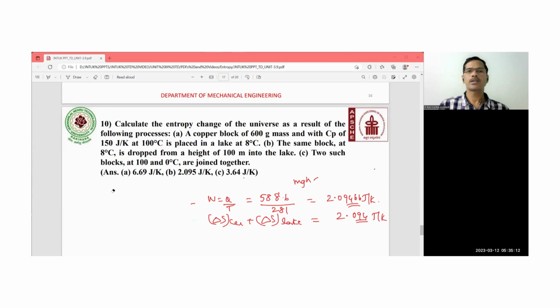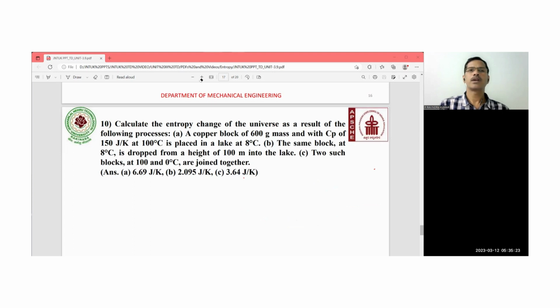Two such blocks at 100 degrees centigrade and 0 degrees centigrade are joined. So here you need to find out the average temperature. The final temperature, the average temperature, for the third bit is 100 plus 0 divided by 2, that is 50 degrees centigrade, which is 323 Kelvin.